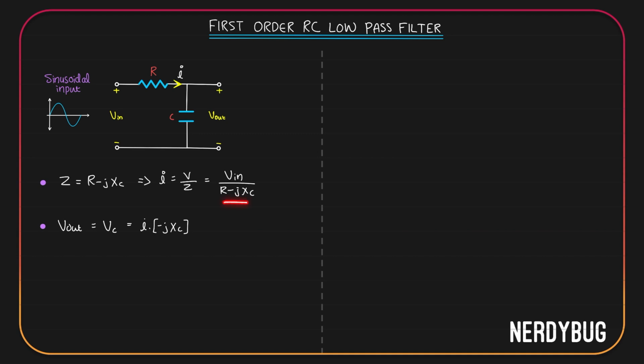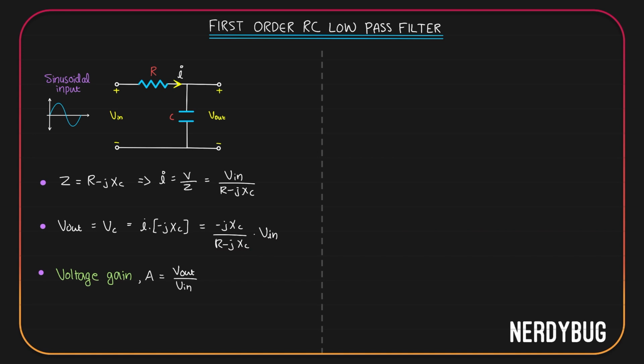We already have I over here. Using that, V output becomes V input divided by R minus JXC multiplied by minus JXC. Let us take V input out and minus JXC can go here. Again, let us define the voltage gain A to be V output divided by V input. Here we got V output is minus JXC divided by R minus JXC multiplied by V input.